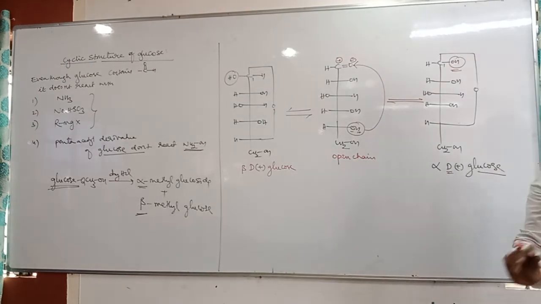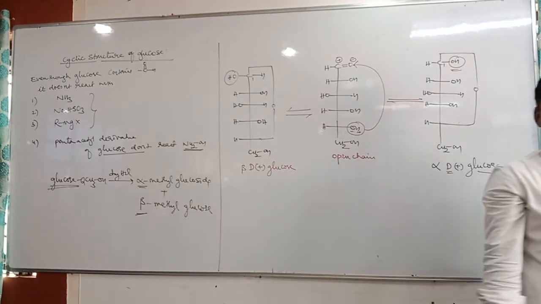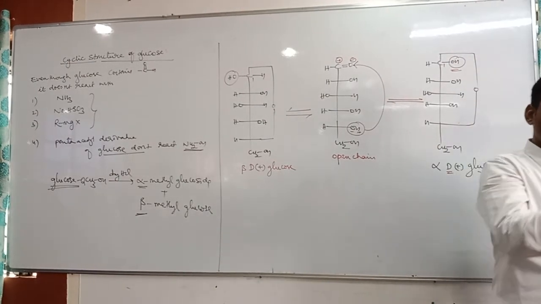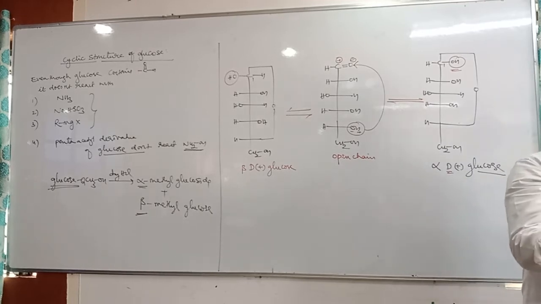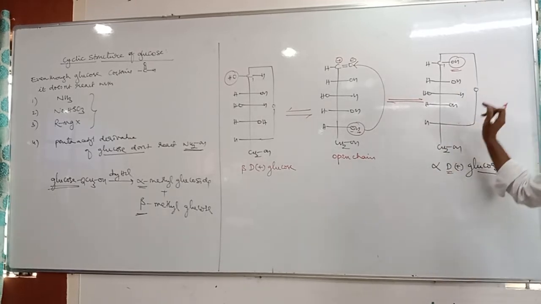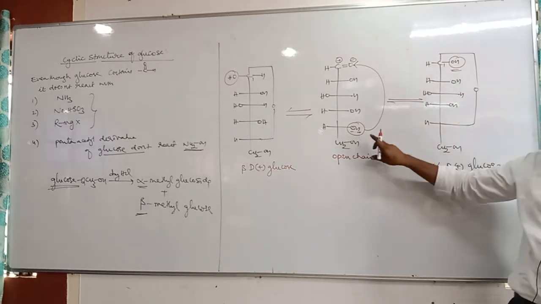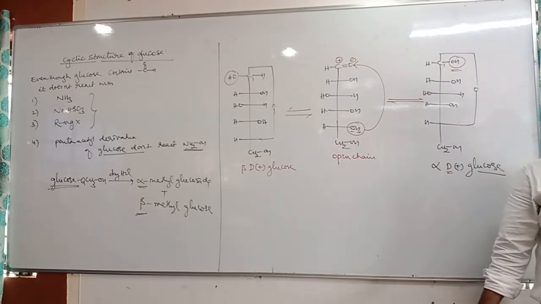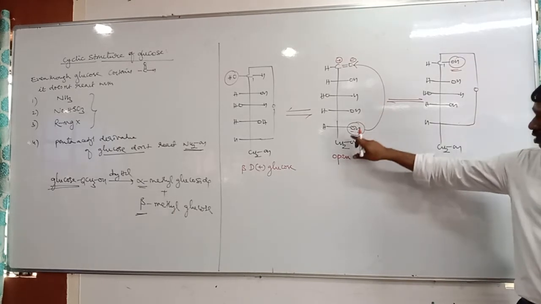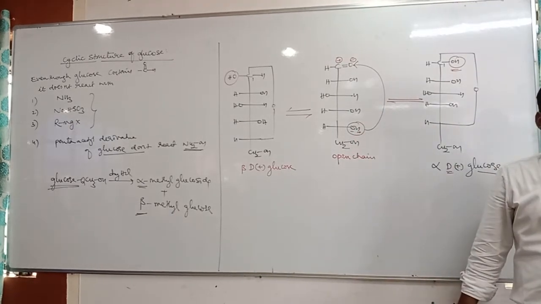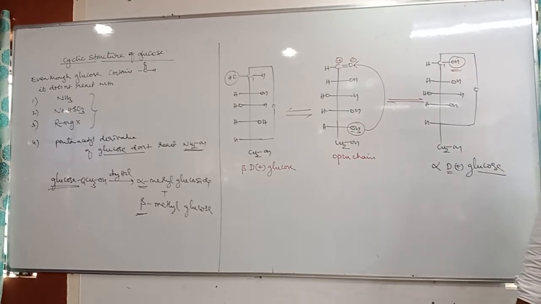We know that 6-membered rings are most stable compared to 5-membered or 7-membered rings, like cyclohexane. So you will get a 6-membered ring. To get the 6-membered ring, the aldehyde group should interact with the 5th carbon OH, not the 4th carbon, not the 6th carbon. Then you will get a stable 6-membered ring.